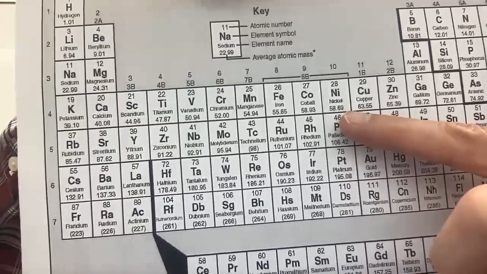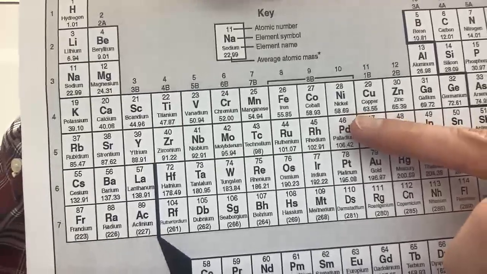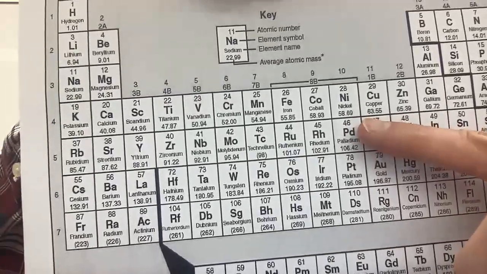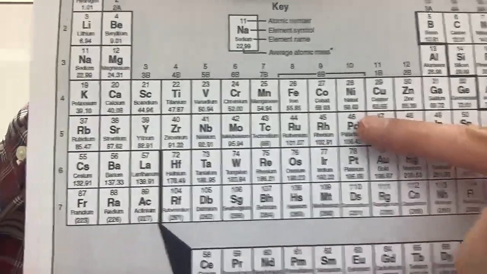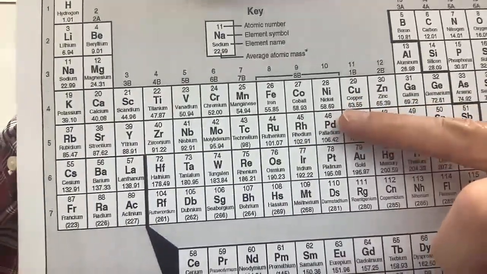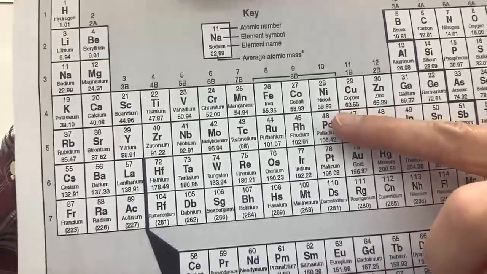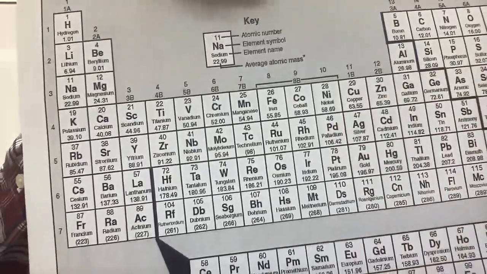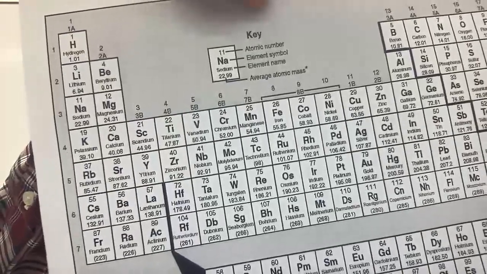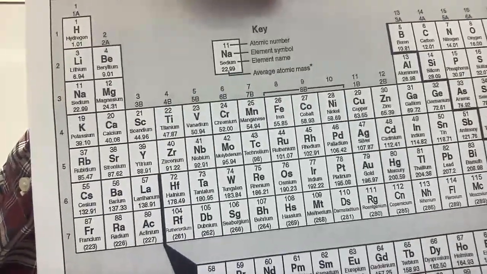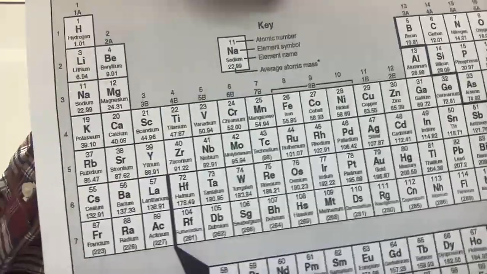So for nickel, one atom of nickel is equal to 58.69 AMUs. That number is the exact same number in grams for 1 mole of nickel. So if I weigh out 58.69 grams of nickel, then that's going to be 1 mole.